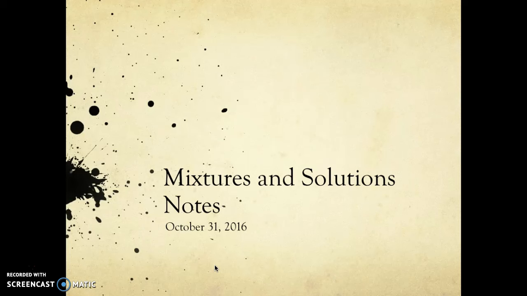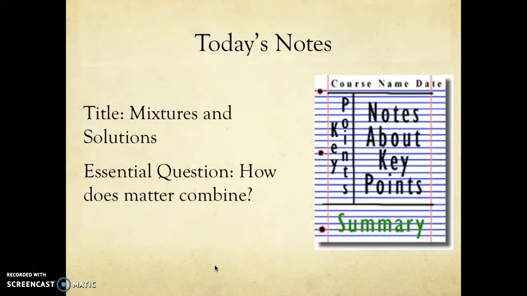Alright, so again, we are doing Cornell notes today. At the top of the page, we should have our title, which is Mixtures and Solutions. Below that, we're going to have our essential question, how does matter combine? Below the essential question is where we should be dividing our paper into 2 columns.